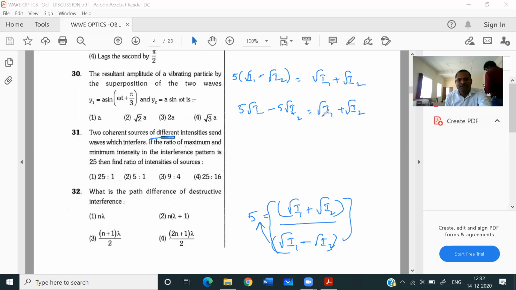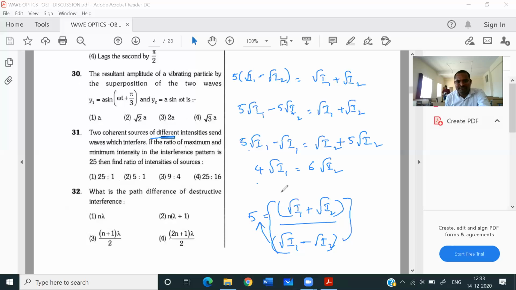Send all I1 terms to one side. So 5 root I1 minus root I1 is equal to root I2 on the right-hand side, and the 5 root I2 going to this side becomes plus 5 root I2. 5 minus 1 is 4, so 4 root I1 is equal to 6 root I2. Squaring both sides, 16 I1 is equal to 36 I2.